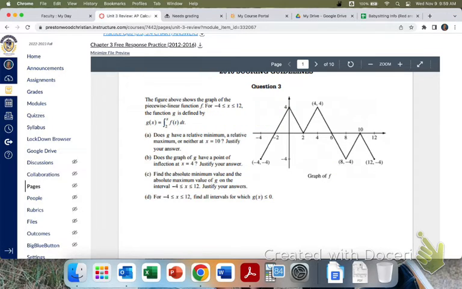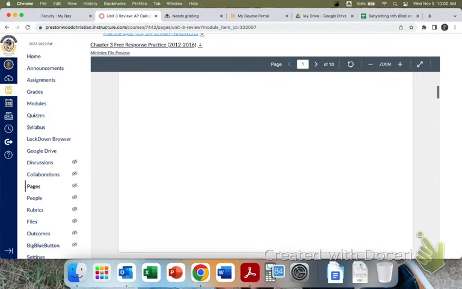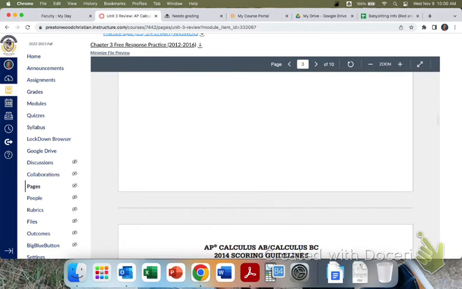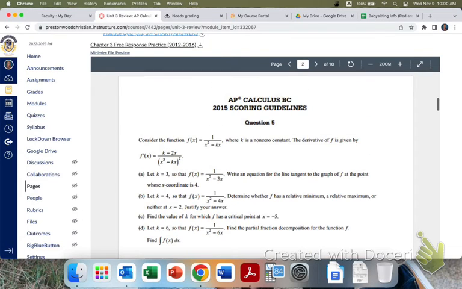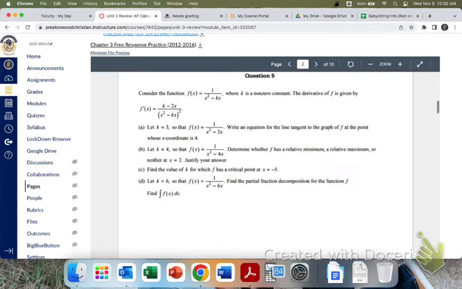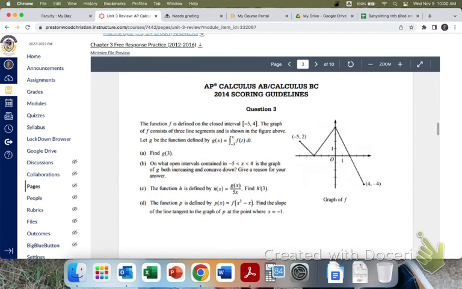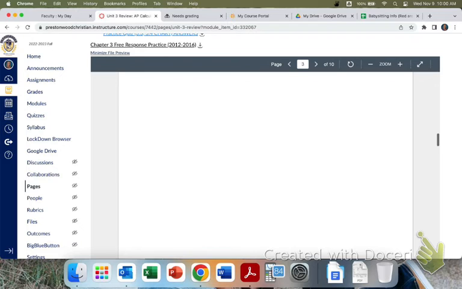Let's see, other ones that are in here, they're not necessarily in the same order. So let's see where we're at here. This, ooh, that scrolled really quick. This one. Where is this one? Yep, this one's here with no changes, except for eliminating part D. Part D is not there. This one is there with a couple changes.